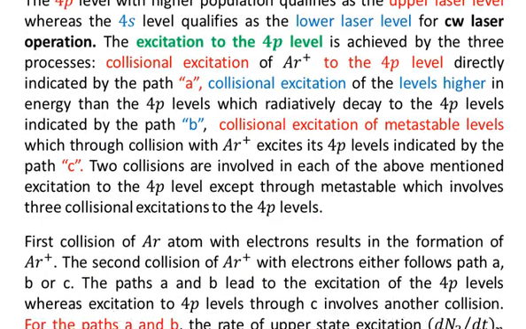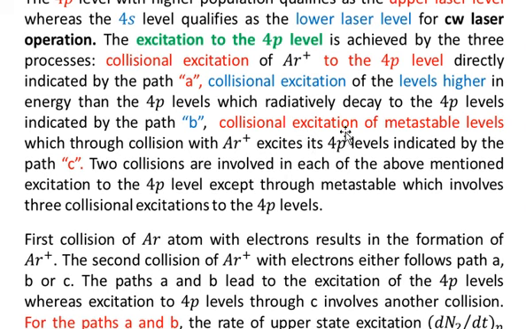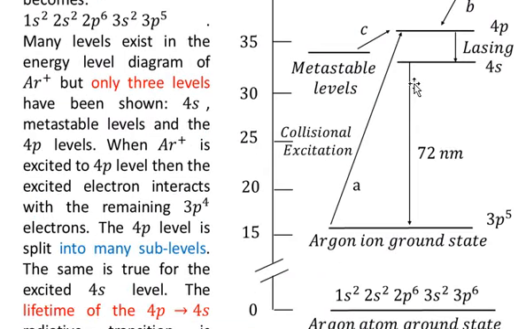Now we are going to talk about the third one. Collisional excitation of metastable levels, which through the collision of the argon ion excite its 4p levels, is indicated by the path C. So once the metastable states are excited, then the argon ions in these metastable states will collide with the argon ions in the ground states, and the energy transfer will take place through the path C. So the metastable states will give up their energy, and the 4p level will be excited.